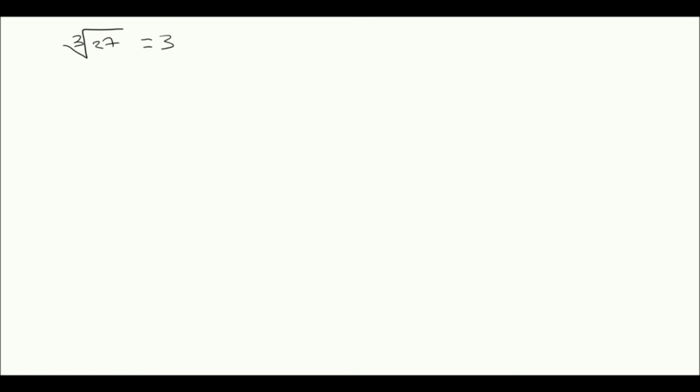Why is the cube root of 27 3? Because if I take 3 and cube it, I get 27. So if I say what is the cube root of 8, some of you will know that that's 2. Why? Because if I take 2 and cube it, I get 8.